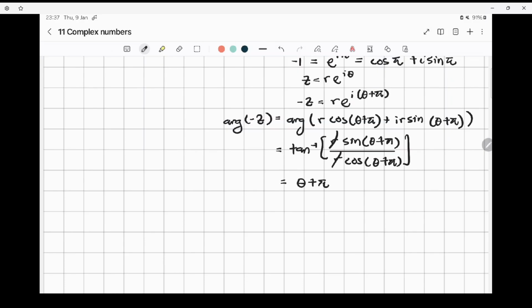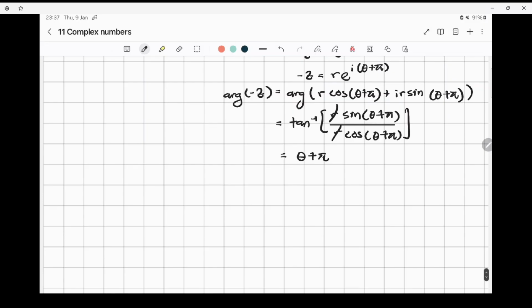But we don't end here for the moment. So what is theta plus pi? If this is your angle theta, when you add pi, it actually goes down, right? Previously we also know that the principal argument ranges from minus pi to pi.